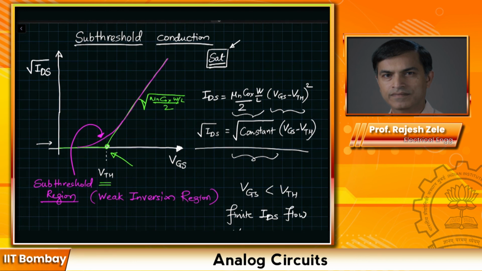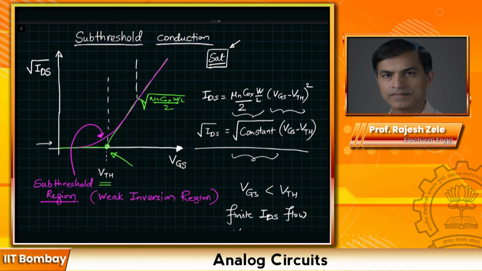Now, as a rule of thumb, we as analog designers like to stay away from this region. Why? Because it's not very well modeled many times, and we are trying to keep the transistor in the saturation region. So we try to keep our device operation a little bit away from this region.